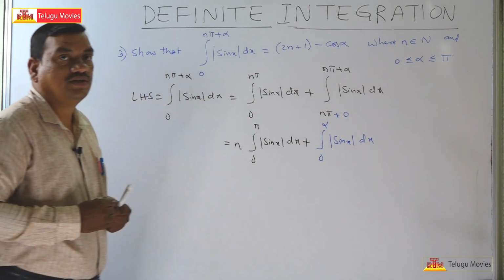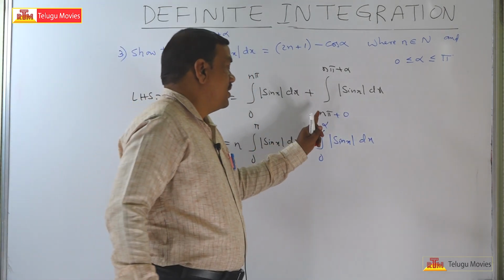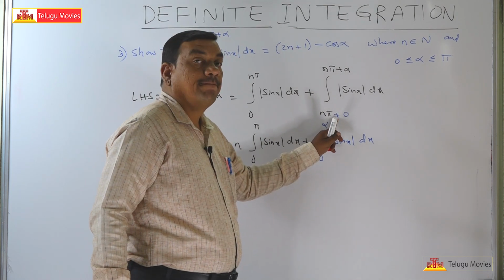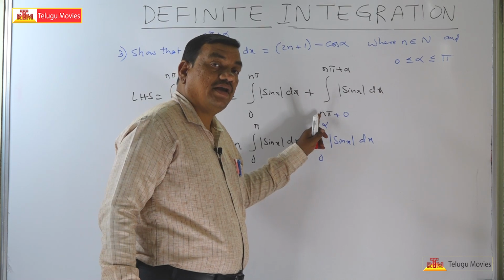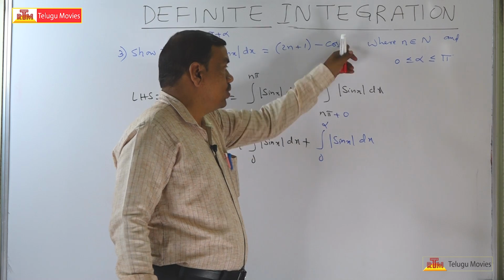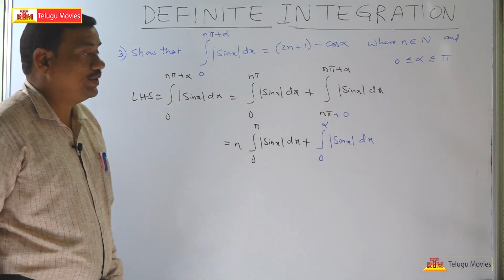That is, the integral from a plus n pi to b plus n pi becomes the integral from a to b.